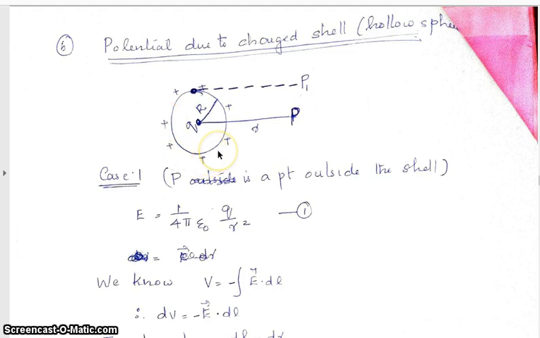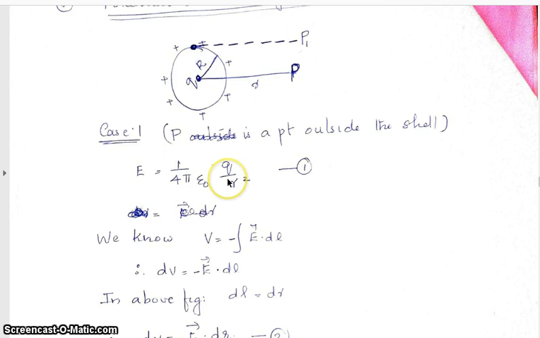Whenever I say that in this particular application the charge is placed at the center of the sphere, you should keep in mind that the center of the sphere is this point, not the one inside the sphere.